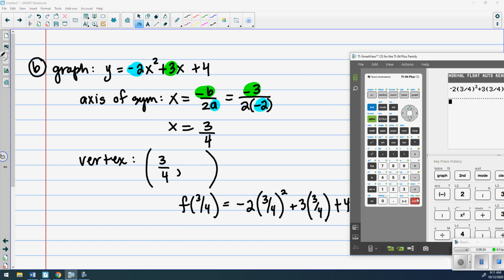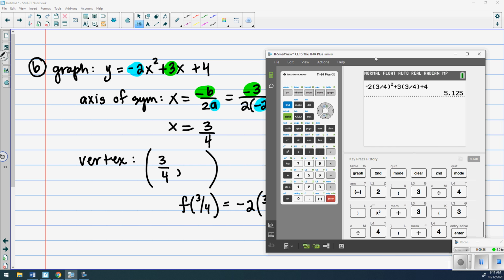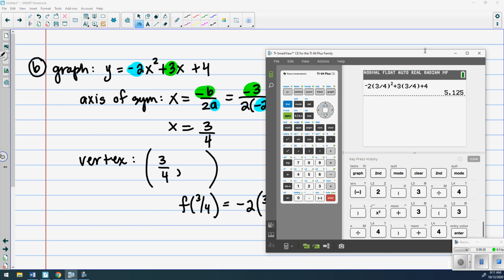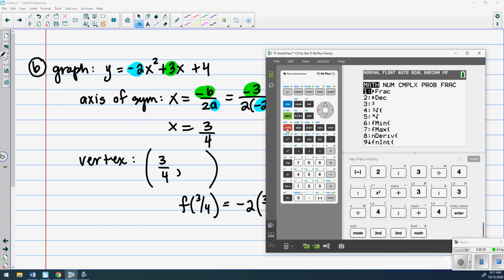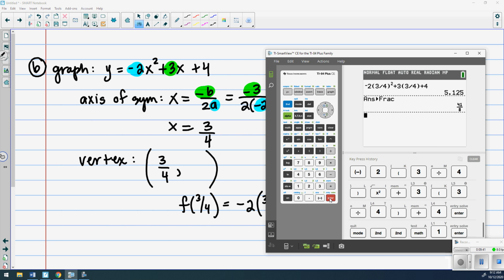And when I hit enter, what did I get? Oh, 5.125. 5.125 is actually 5 1/8. If I go math 1, that'll turn my answer into a fraction, 41/8 or 5 1/8.